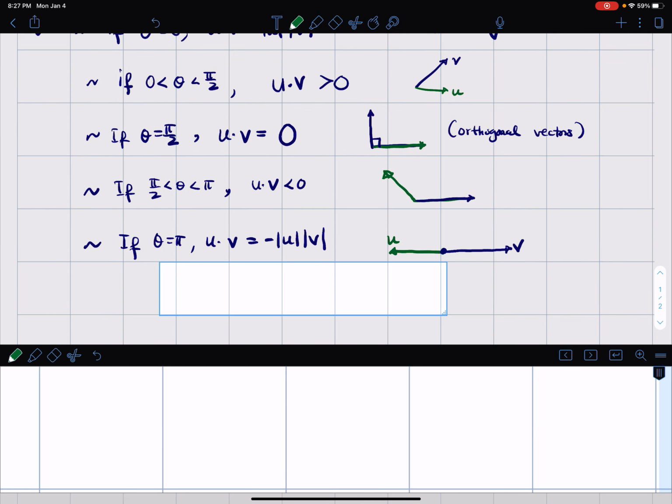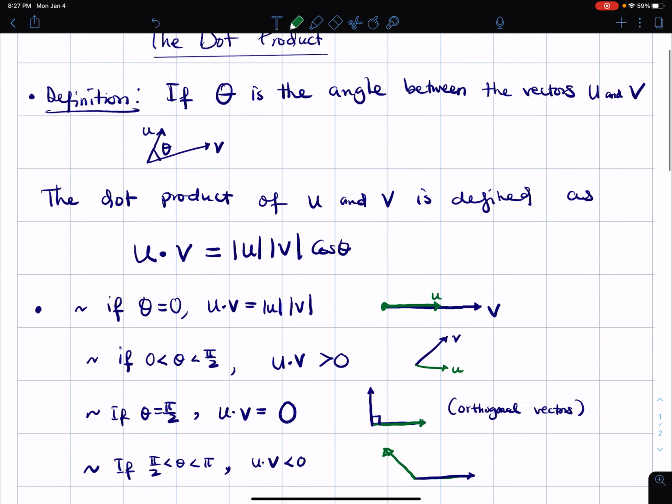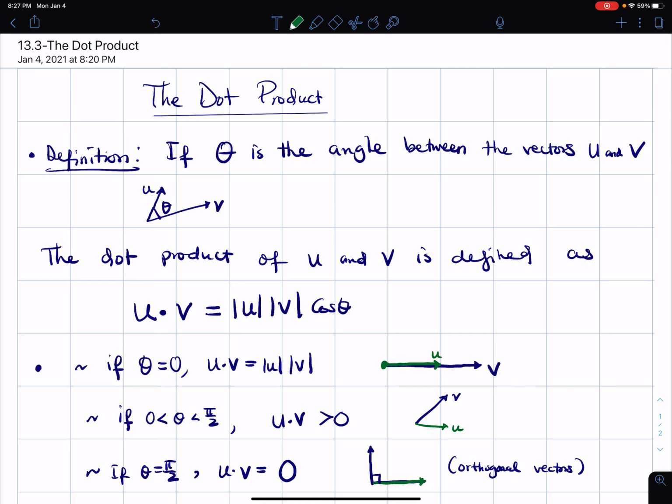All right. Now, if you look at this formulation, that the dot product of u and v is magnitude of u times magnitude of v times cosine of theta, it's quite easy for us to calculate magnitude of u and magnitude of v, but calculating cosine of theta can be difficult if we don't know the angle between them. It's easier if we know that the two vectors are orthogonal or something like that.